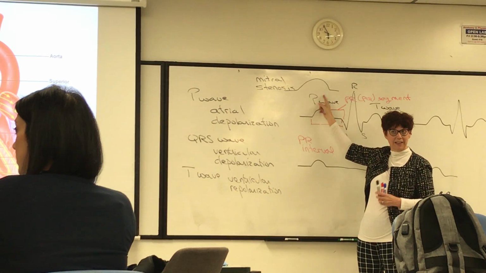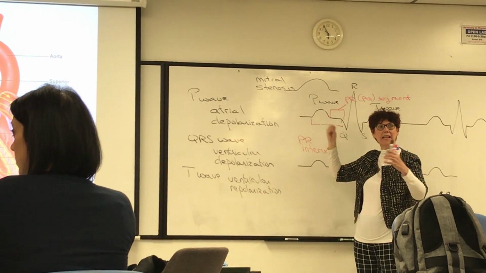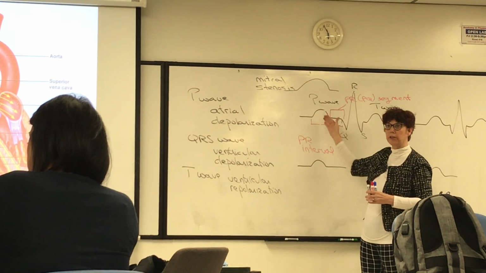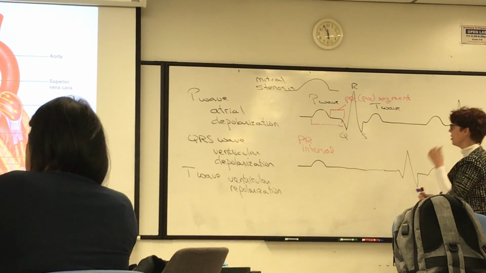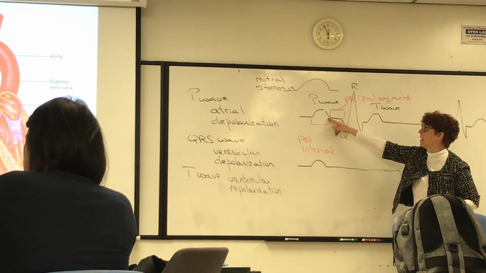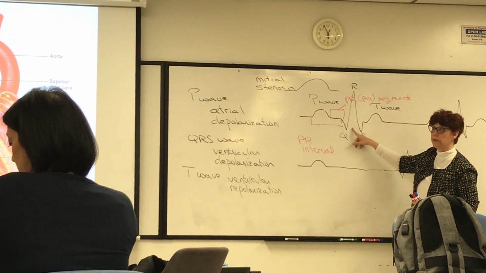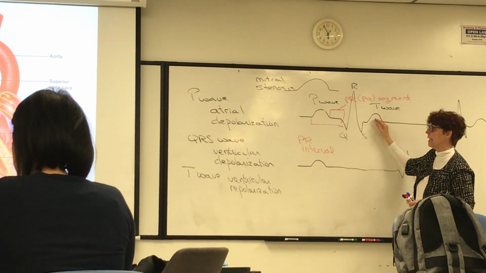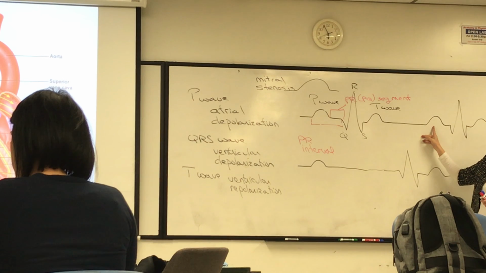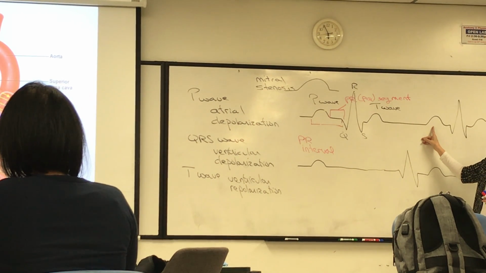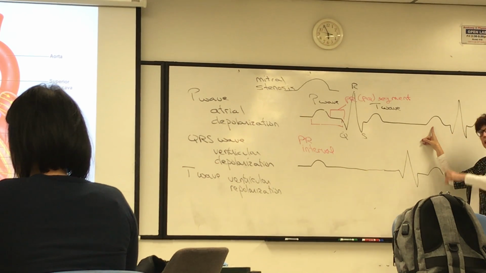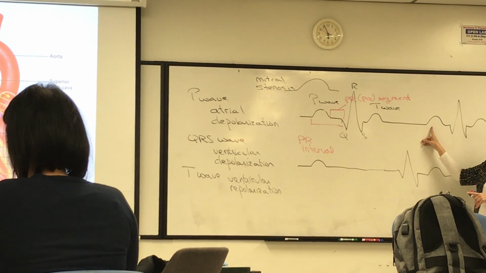Okay? So we kind of see reflections of what's going on in the heart, time-wise and so on, by what's occurring with our ECG. All right, so if the atria are contracting here, and the ventricles are contracting here, and relaxing here, what's occurring during this time? Filling of the atria and filling of the ventricles. Okay?